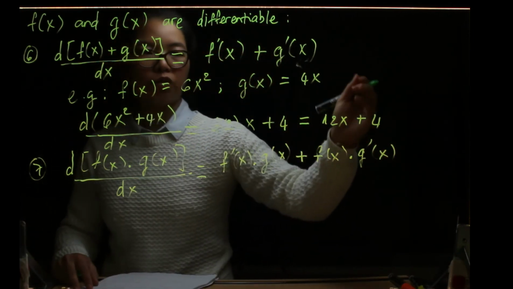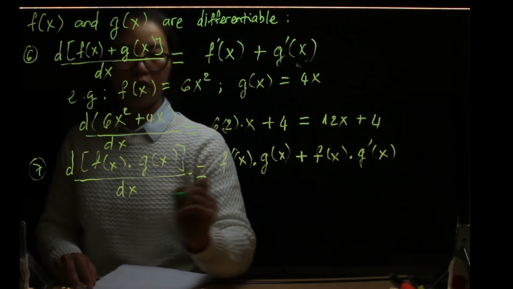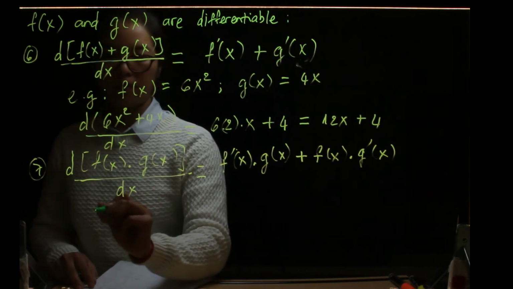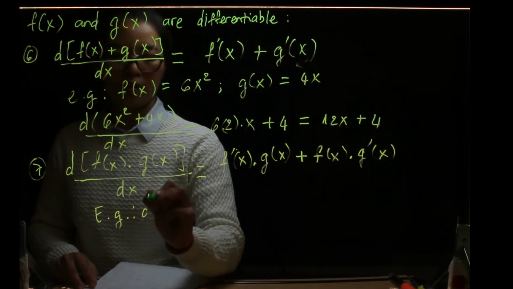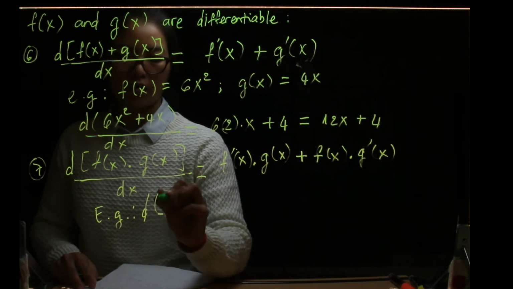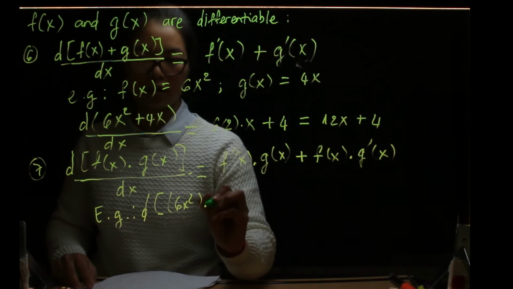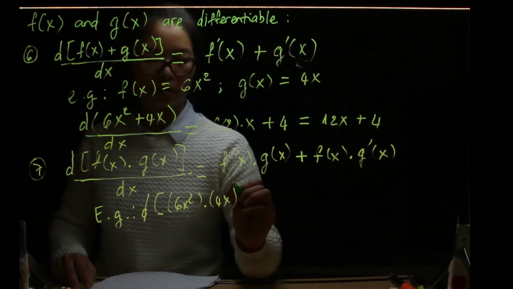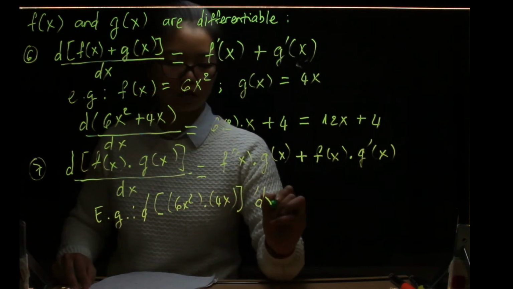Let's take the example g(x) and f(x) like before. So in this case we have the derivative of 6x squared times 4x with respect to x.